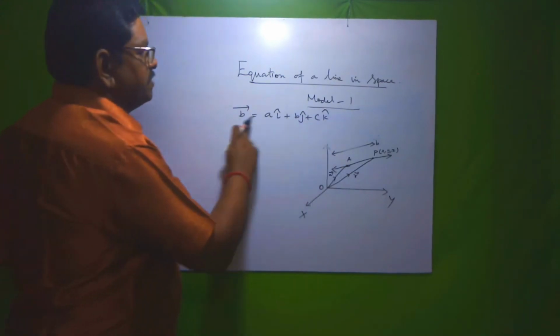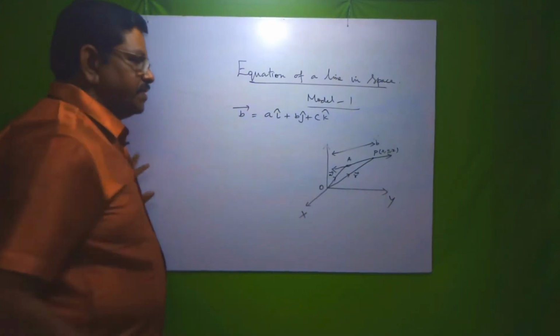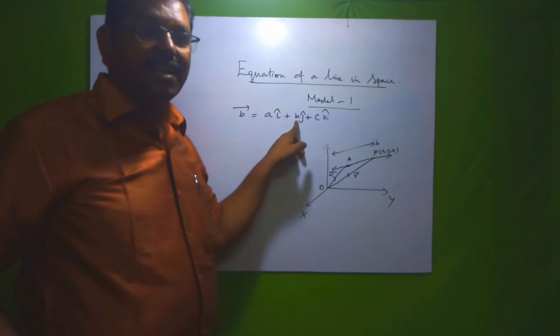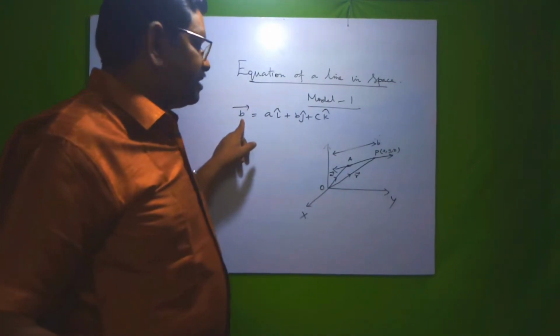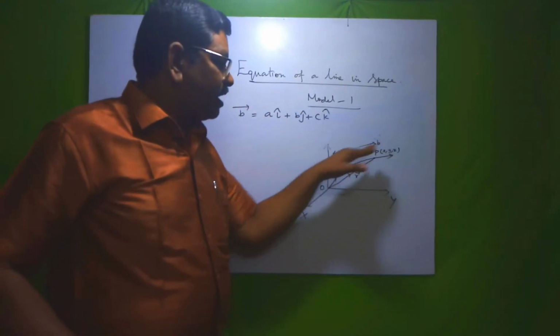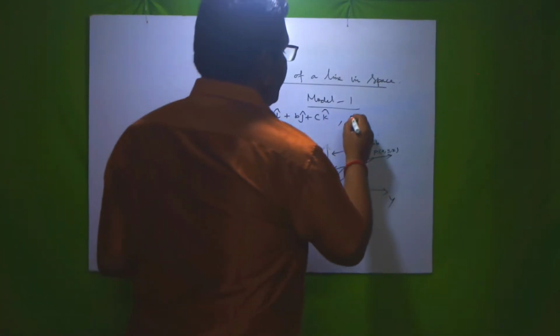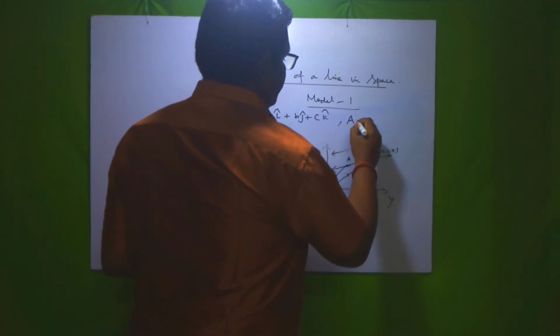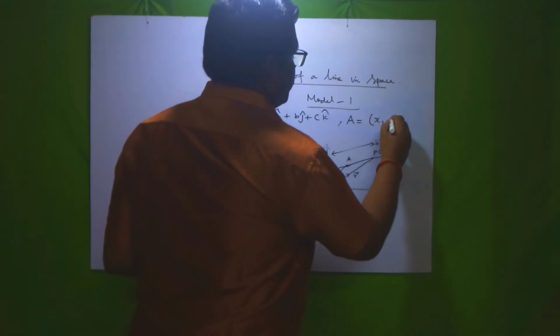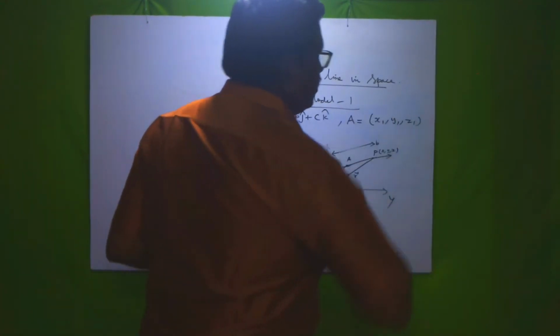Don't confuse this b with the vector B. Here b is a direction ratio, whereas here B vector is the vector which is parallel to the required straight line. And now the point A, say the point is given as x1, y1, z1.